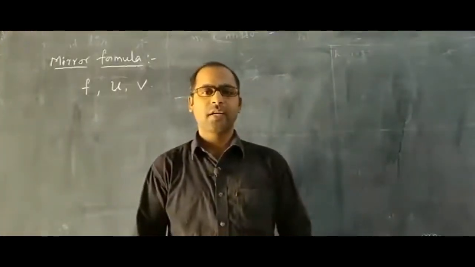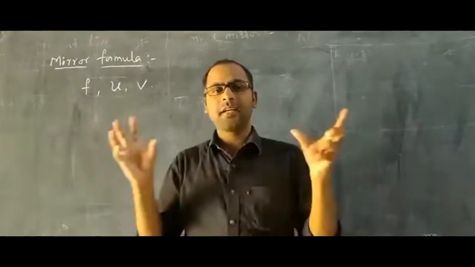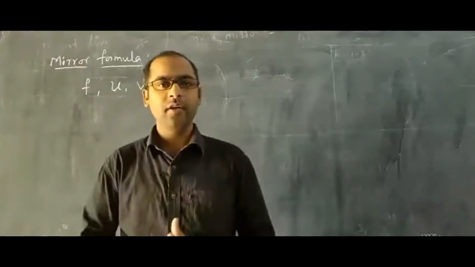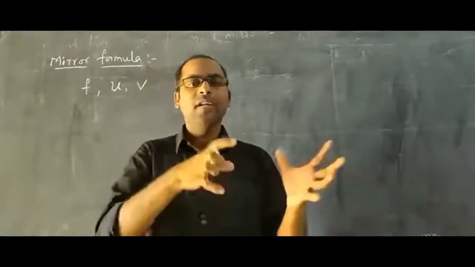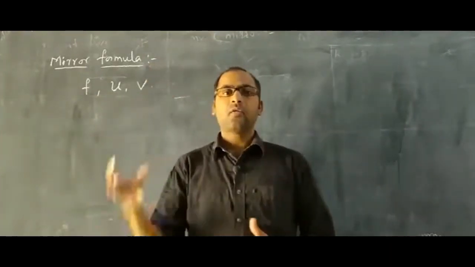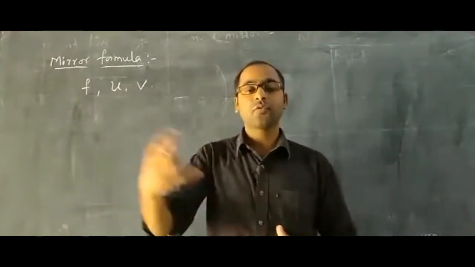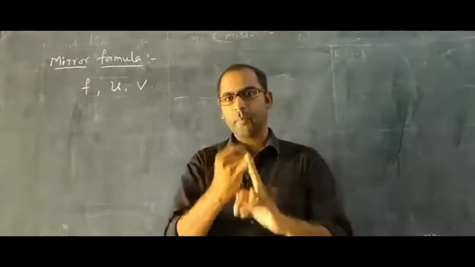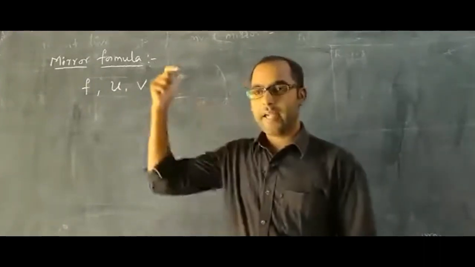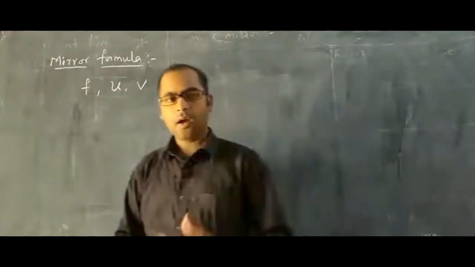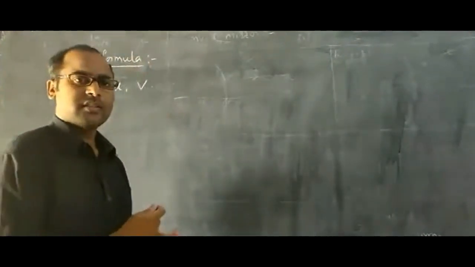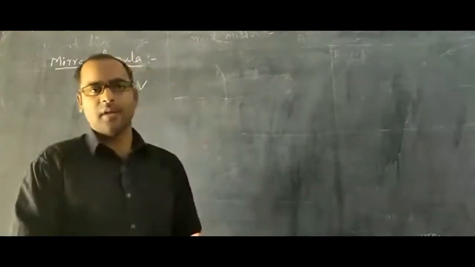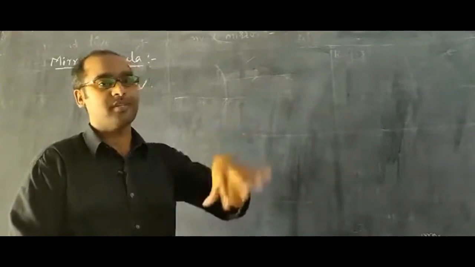So far we have discussed, when the object is placed in front of a convex mirror or concave mirror, where the images will be formed based on the object positions, and what the properties of those images are. We learned that with the lab activity, and next with the ray diagrams. Now if the focal length of a lens is given and the image distance is given, then they ask to find the object distance.